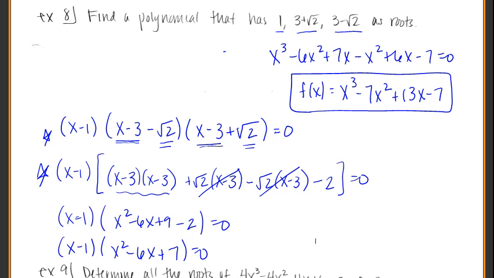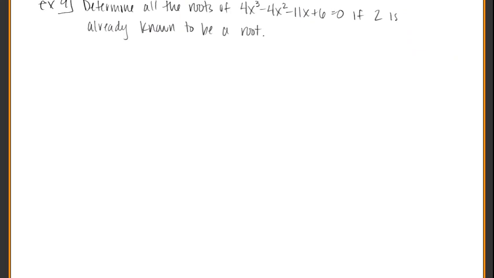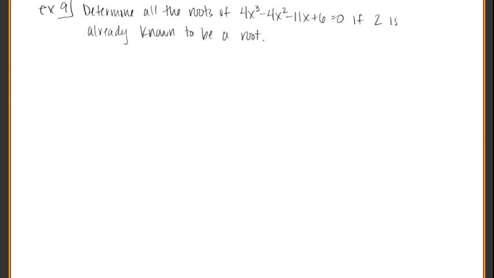Okay, let's wrap this lesson up and look at the very last problem right here. We want to determine all of the roots of this polynomial if 2 is already known to be a root. So 2 is already known to be a root, which basically tells me that if I did synthetic division and put 2 in that box, I should get a remainder of 0. So let's start with that. I've got a 4 on my x cubed, a negative 4 on my x squared, a negative 11, and a 6.